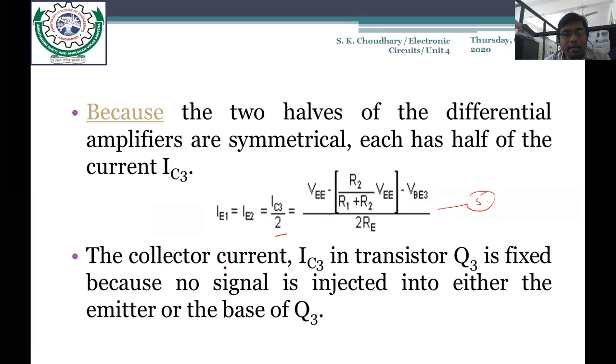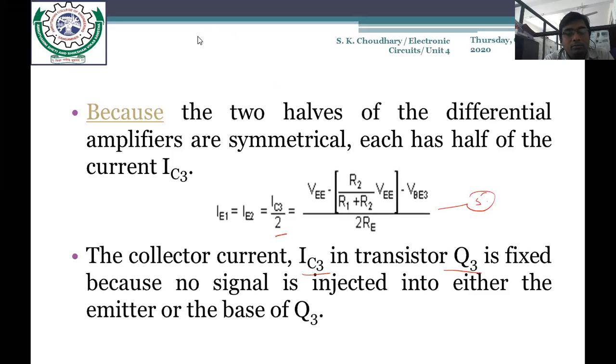So the collector current IC3 in the transistor Q3 becomes fixed. Why does it become fixed? Because no signal is injected into either the emitter or base of transistor Q3. In the previous case, we considered a condition where we increase the value of RE to make IE constant.